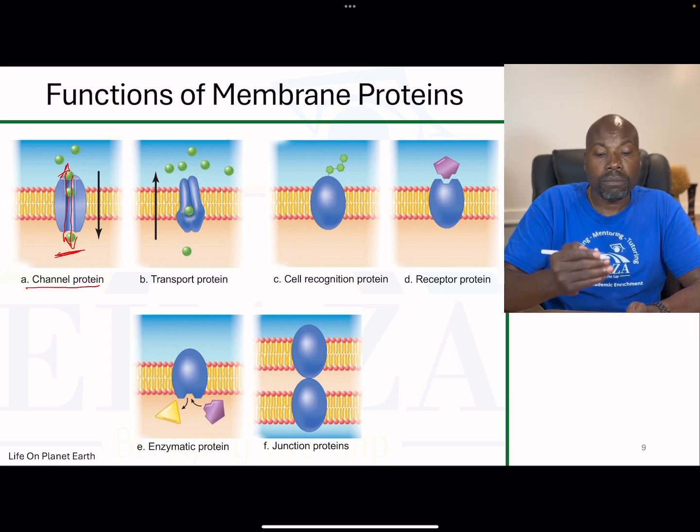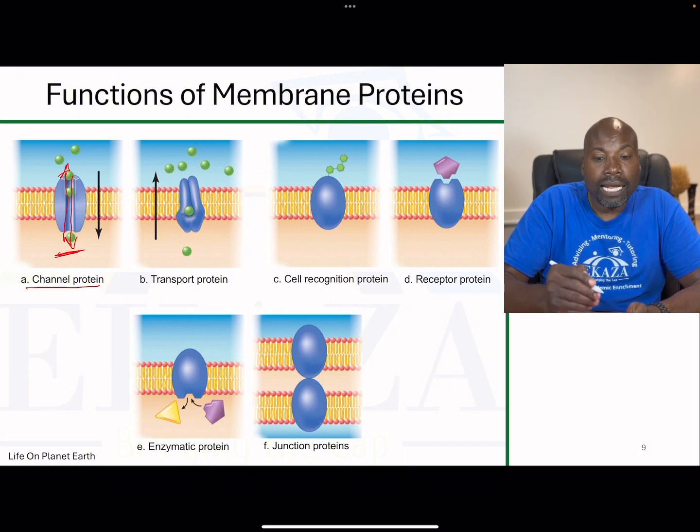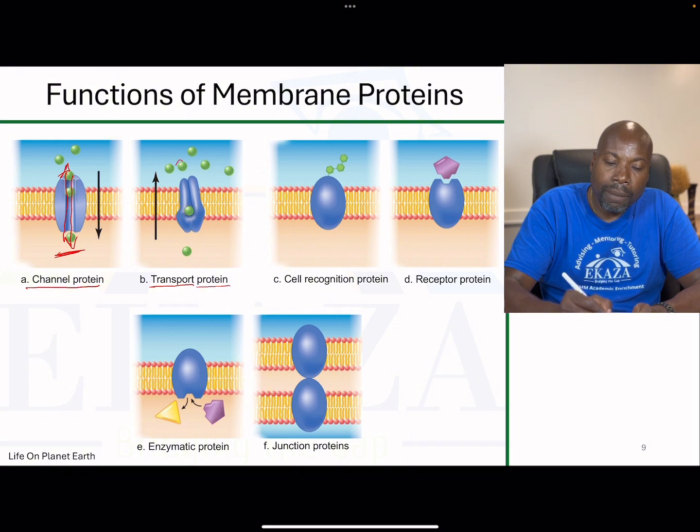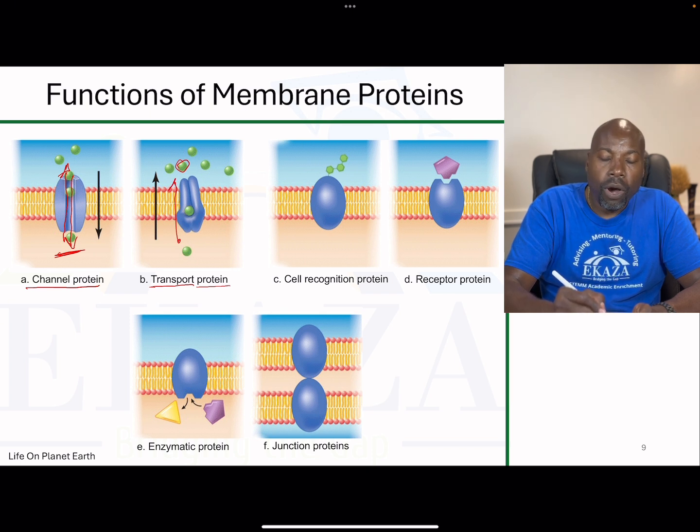Now, another function of proteins that are embedded in the plasma membrane is transport. So we have transport proteins. The transport proteins are going to carry chemicals from the inside toward the outside, or from the outside toward the inside, right?